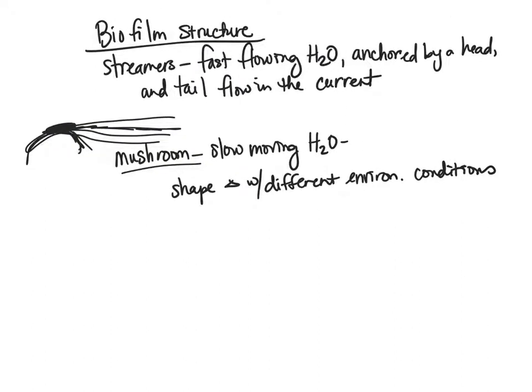So within these structures, whether it be streamers or the mushroom shape or any other different type of shape, these cells will come together, and we'll talk about how they're formed. But what we find in the biofilm is that we have this population of microorganisms. But within this population, or in addition to this population, we have an extracellular matrix. And this extracellular matrix, extra meaning outside of, and then cell, so outside of the cell, and it's a matrix, so that's this kind of mesh or netting.